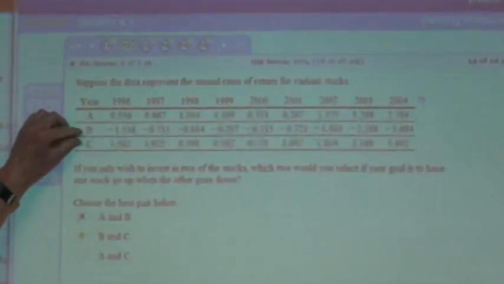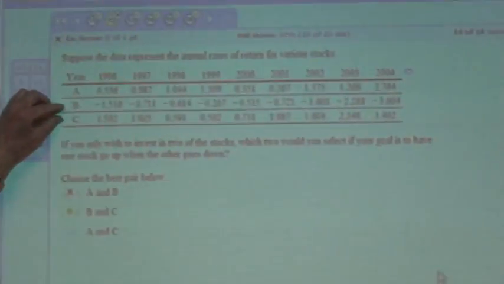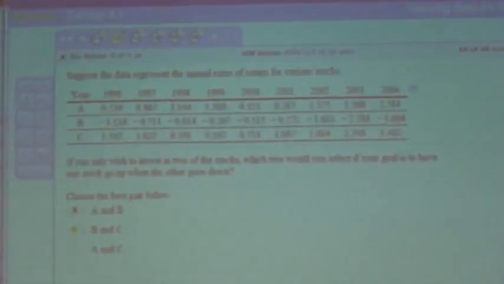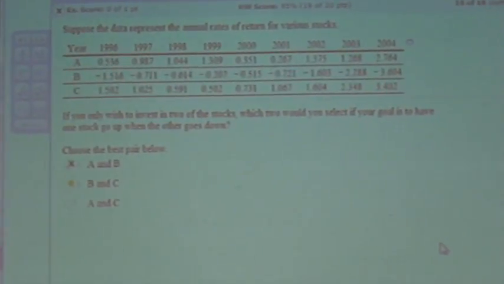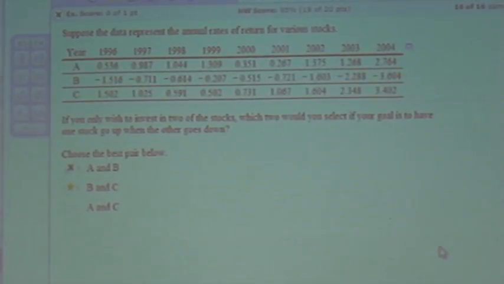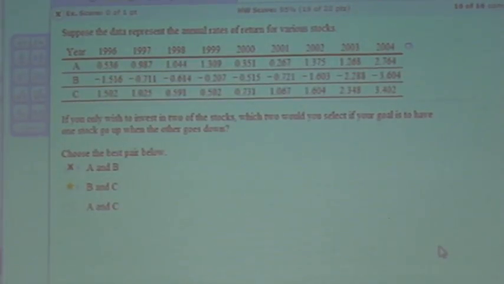We want to graph one against the other and see which one has the best representation of when one stock increases, the other decreases.